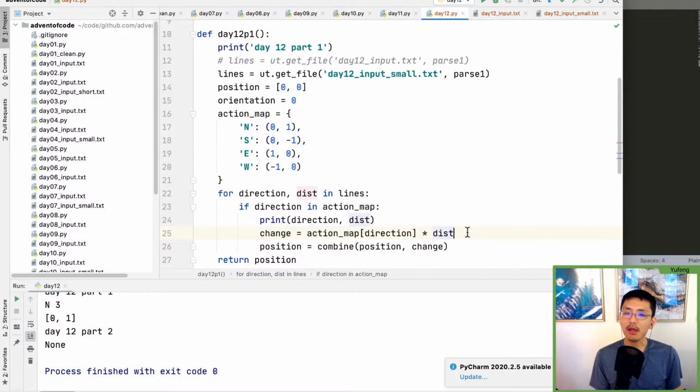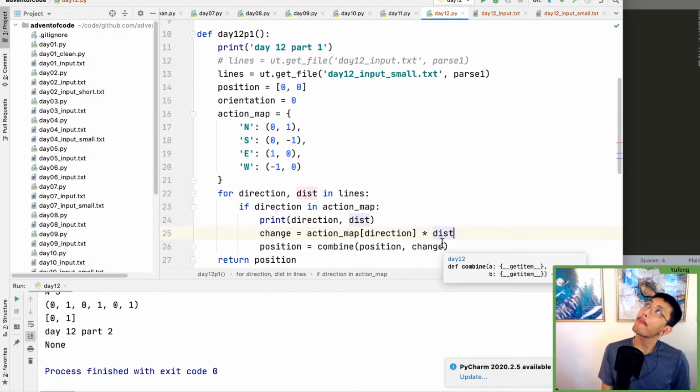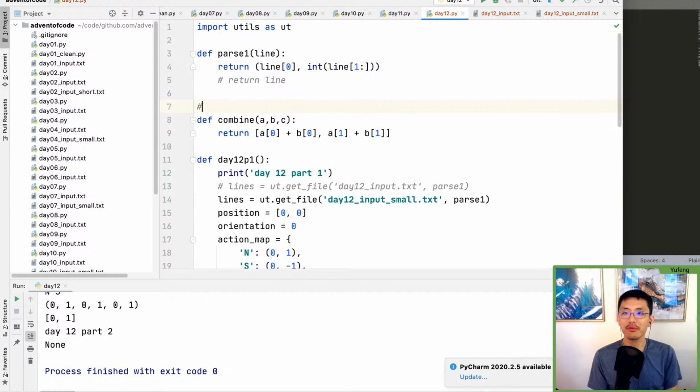Oh, multiply by distance does not do the thing that I think it does. Bet you it doesn't. Yeah, okay. That's fun. Let's do it this way then. Instead of having it this way, we're going to have a C here. This is getting ugly. What we want this to do is A plus B times C, all element-wise.